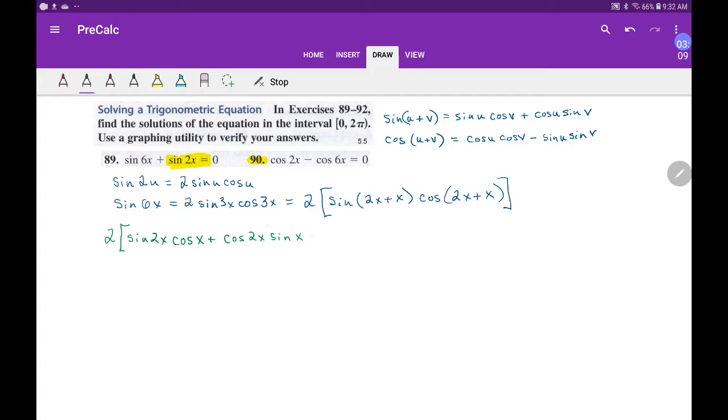And then I better put that in parentheses, times the cosine of 2x plus x, and now I'm going to use this one down here. That's going to look like this: the cosine of 2x times the cosine of x minus the sine of 2x, the sine of x.